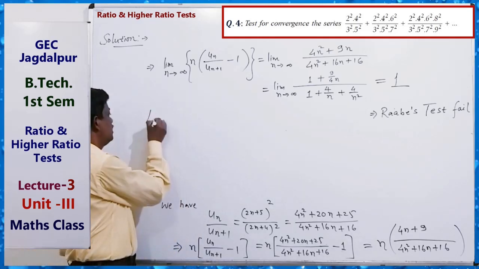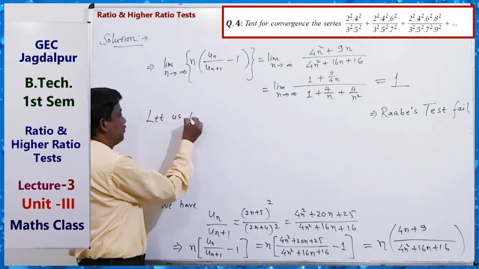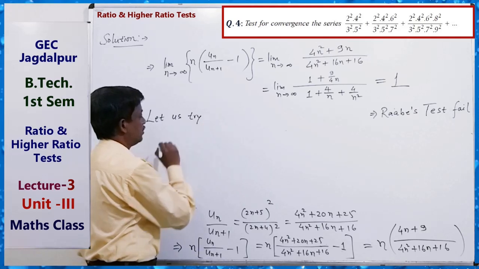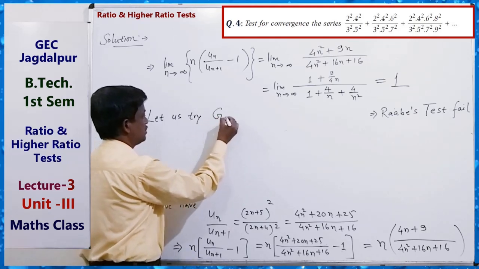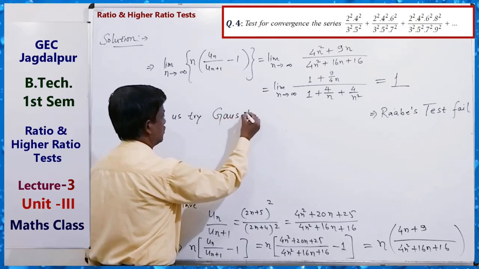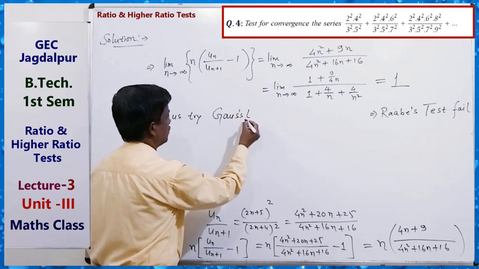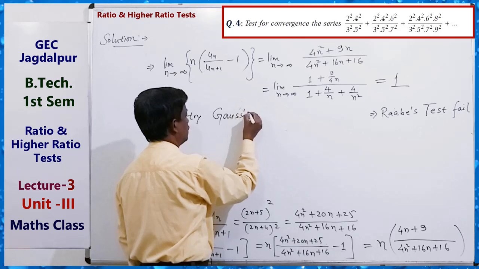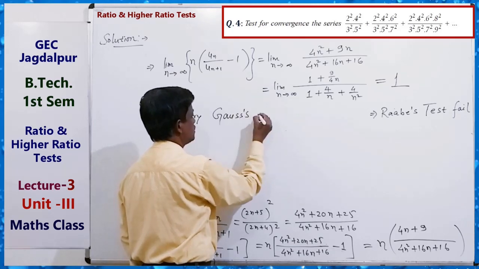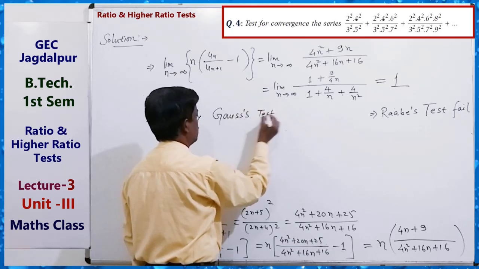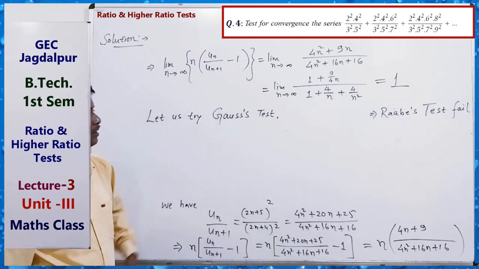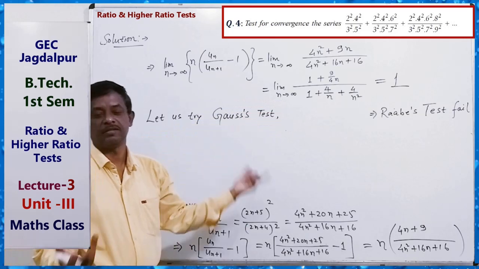Now let us try the Gauss test. Limit 1, Raabe's test fails.